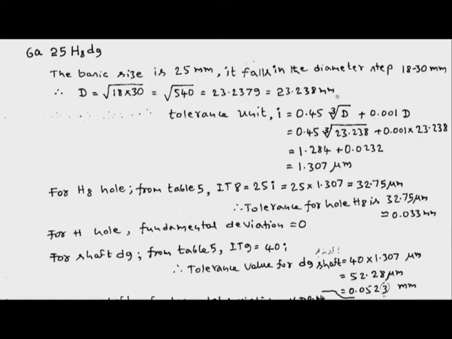23.238 millimeter, and then we can find the tolerance unit using this relationship. We have to feed the value of d in millimeter, then we get the tolerance unit, that is 1.307 micrometers.